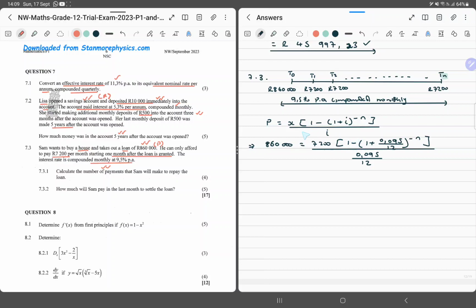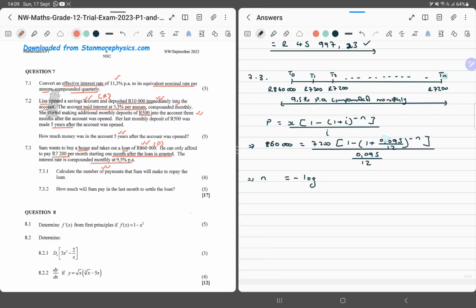Once you do that, you transpose this bracket to the other side and you transpose whatever you would have here to this side, so that it's 1 minus whatever you've got. Right? And then you introduce logarithms. So for me, I know that n is going to be equal to minus the log. I'm moving fast now.